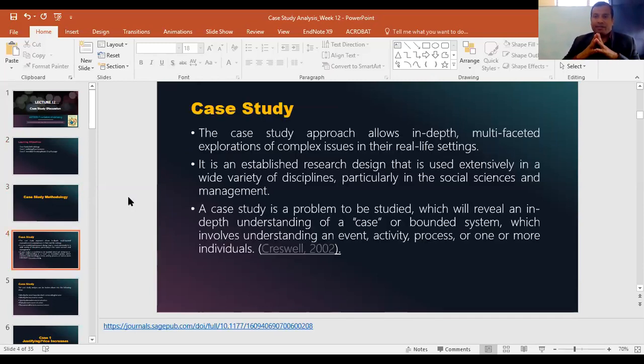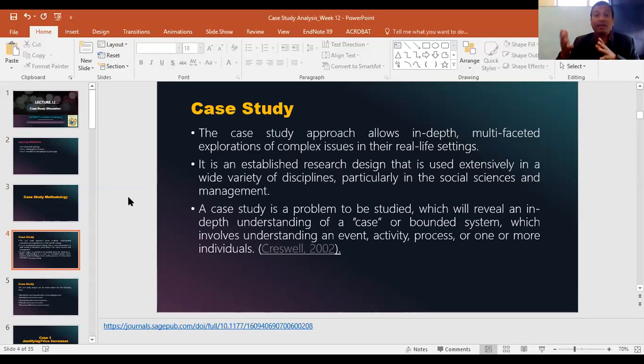So what is a case study first? Try to understand what a case study is. A case study approach allows in-depth, multifaceted exploration of complex issues in real life settings. Real life settings, in the sense of how these issues are occurring or are prevalent in the business organization.